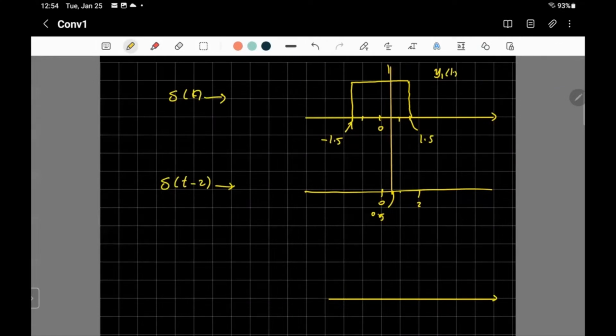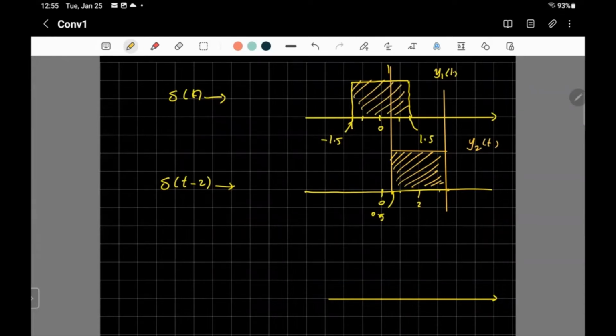And I have 2, 3, 3.5. I make a line just to know when I'm adding. And that's the response. So I have the response here just to make you understand. That's the output Y2, and that's the output Y1. Now I'm adding. Now it's clear.